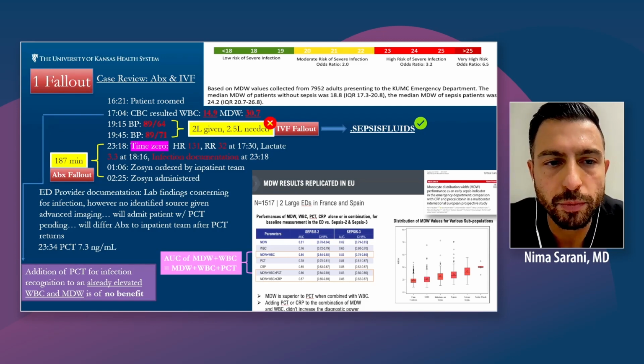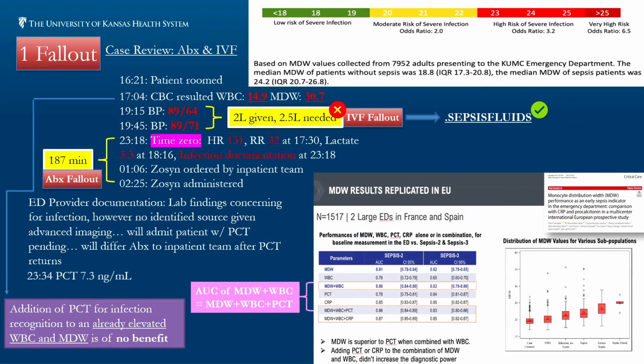On a monthly basis, we go through a detailed review of the specific fallouts that occurred during that month. This is just a sample slide that we presented to the staff during a staff meeting on one of the months. And it goes through specifically the case and what turned out and how the fallout occurred, and some of the things that we can do differently to avoid the fallout going forward.